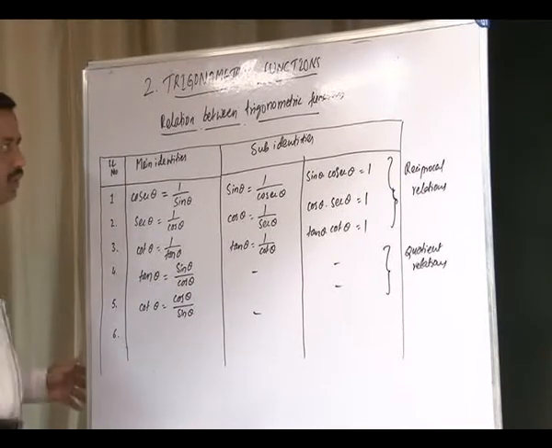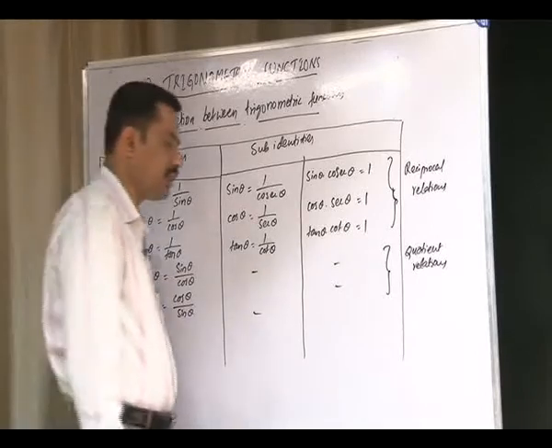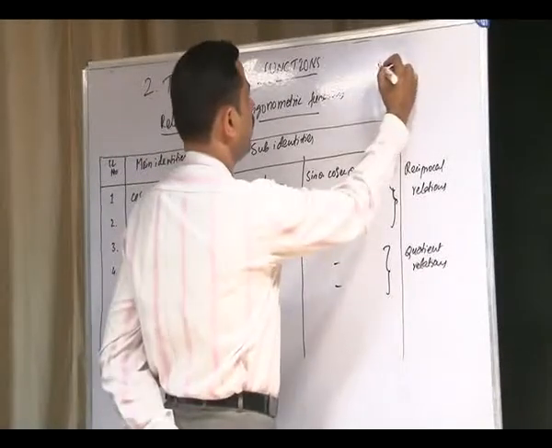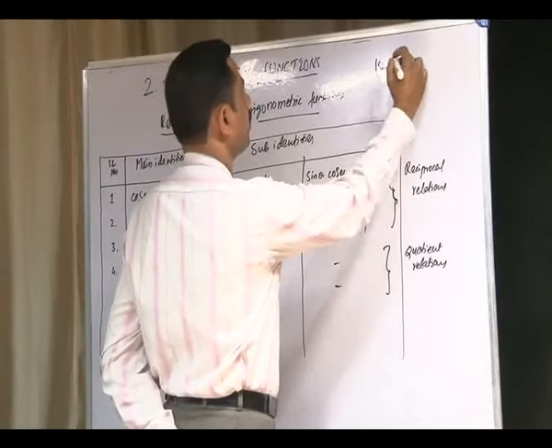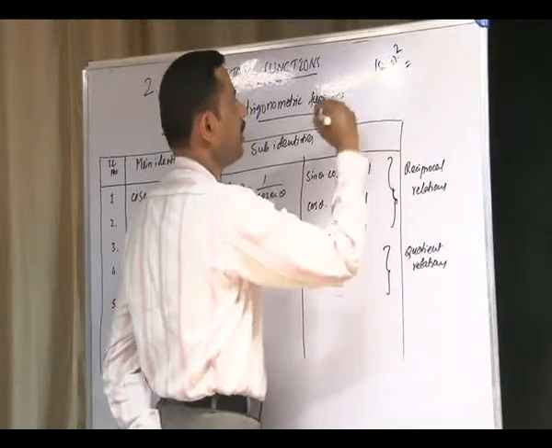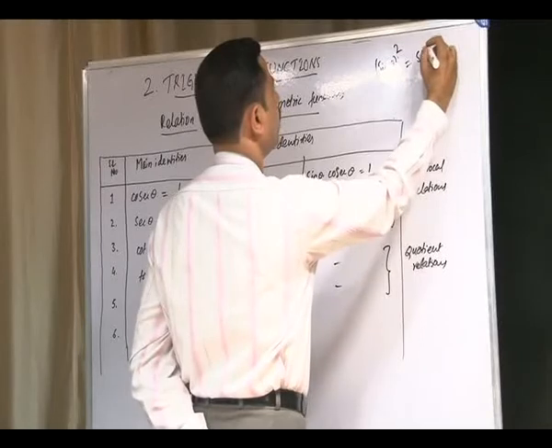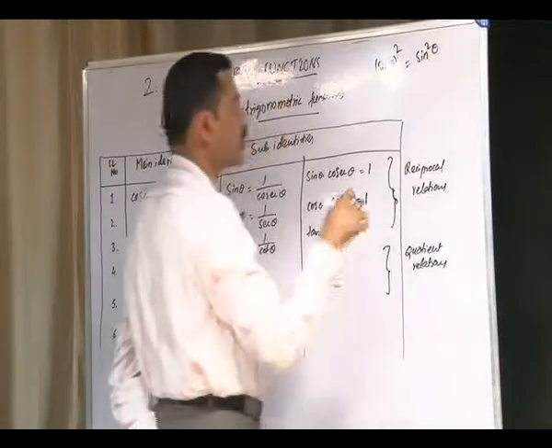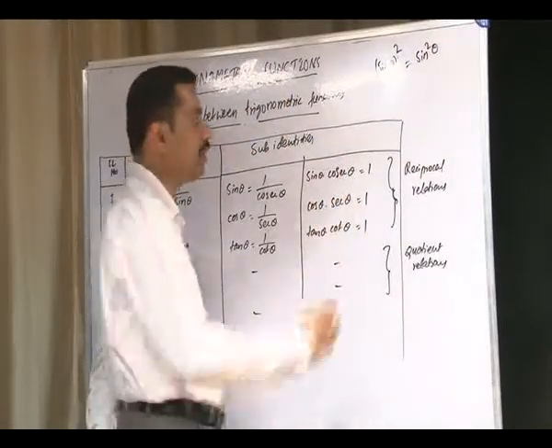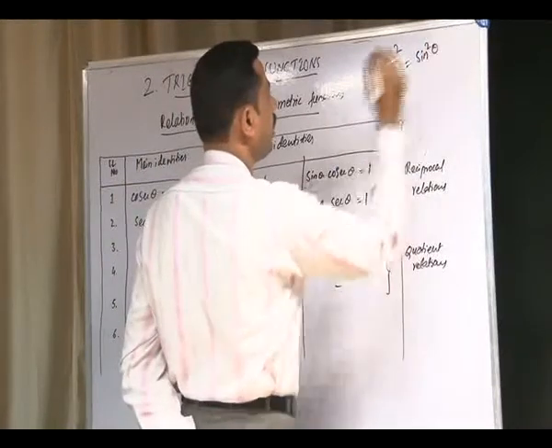This is very important. In case of trigonometric functions, if you square sin theta, sin theta whole square can be written as sin square theta. You should not write the square on the angle theta.